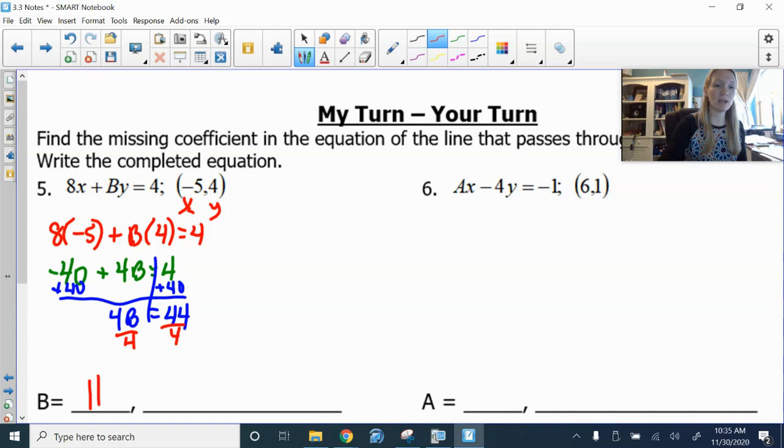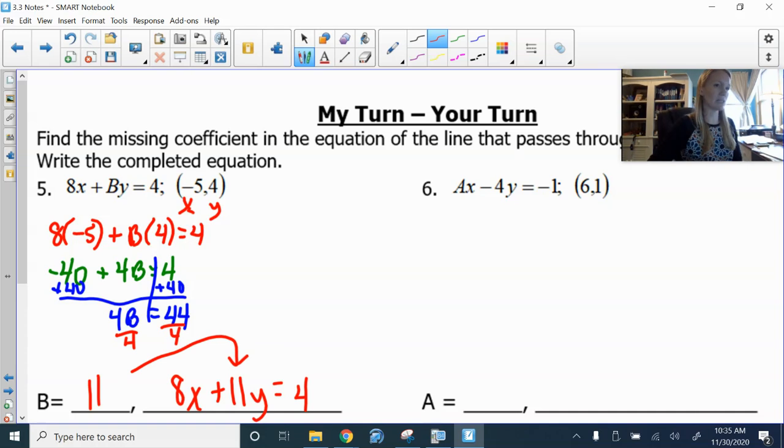So then to rewrite the equation, we'll do 8x plus, instead of by, we're going to write 11y. So that's the only thing that changes, is that we just figured out that the 11 goes there instead of a b. That's all we're doing. And like I said, they don't come up very often where we need to figure this kind of stuff out, but sometimes we do. And so that's kind of why we're showing you guys these ones.